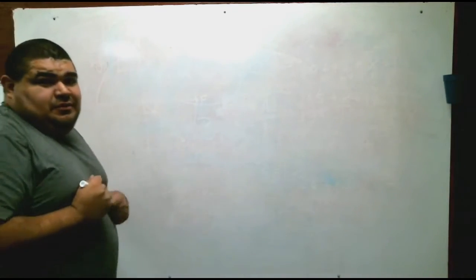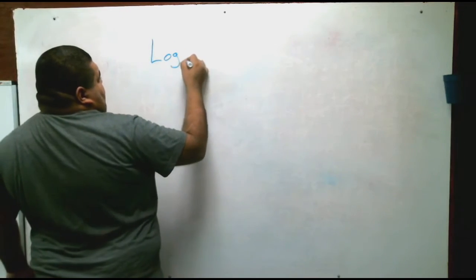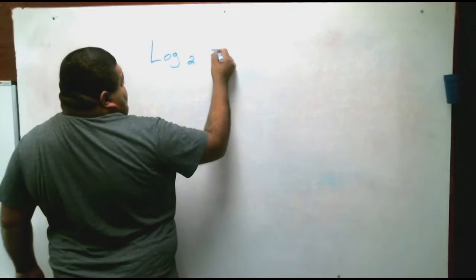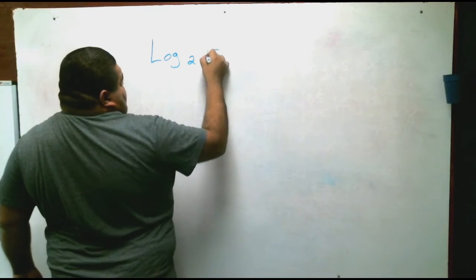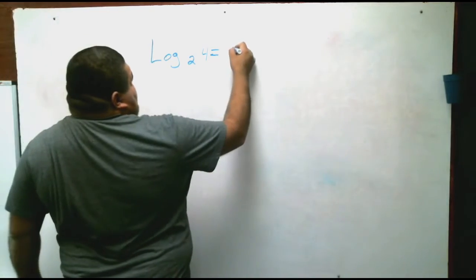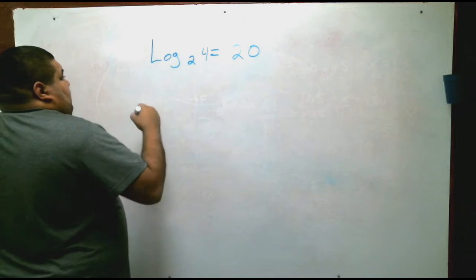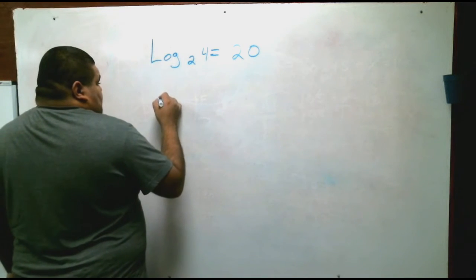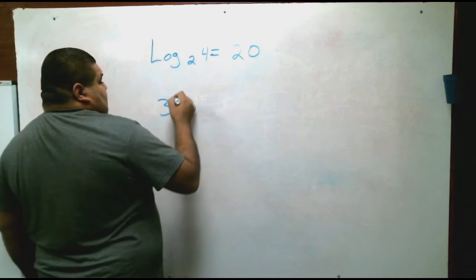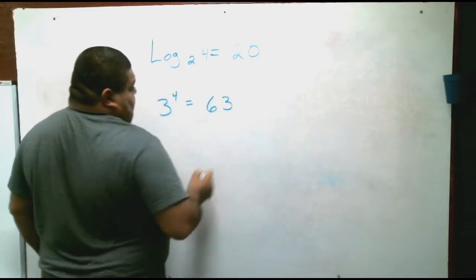All right. So for your assignment today, we have log base 2 of 4 equals 20, okay? Then we have 3 to the 4th power equals 63.